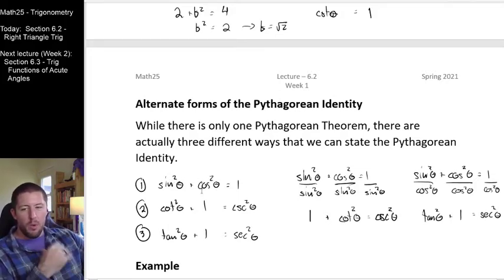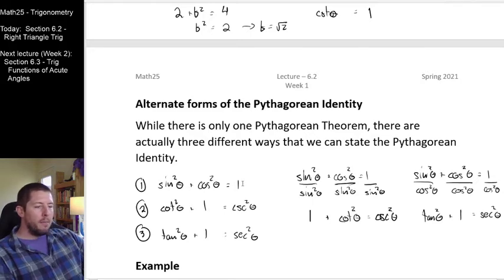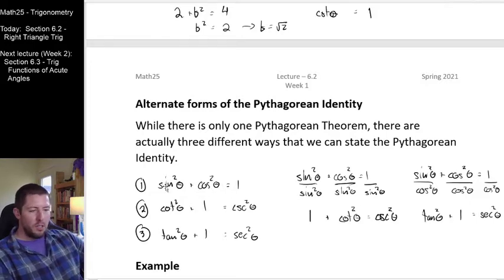But we'll come up with alternate routes to do things like this when that gets to be an issue for us, which it currently is not. And I will also say to you, again, in a sense, these are 3 equivalent identities, but it's certainly the case that sine squared plus cosine squared equals 1 is by far going to be the one that we use the most this semester. So this is the one that should be burned into your brain.